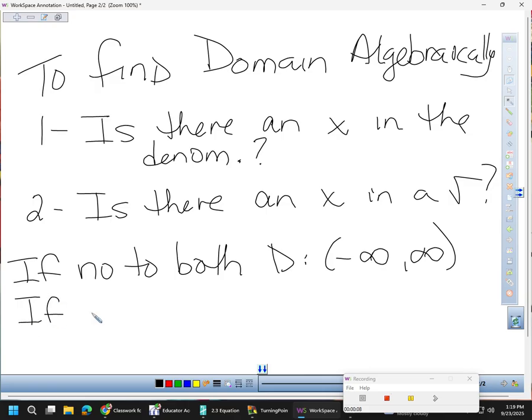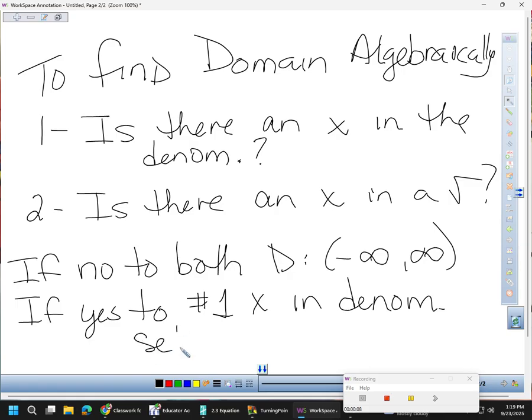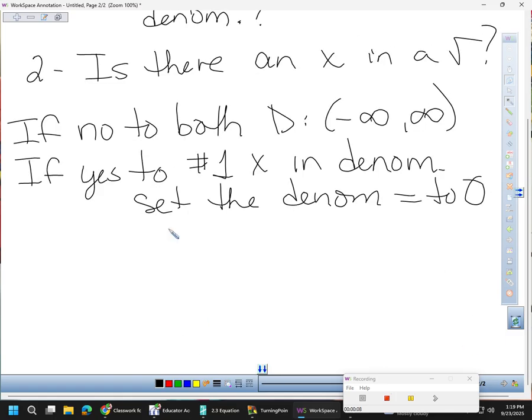If yes to number 1, x in denominator, set the denominator equal to 0 and solve. This is where x cannot exist.